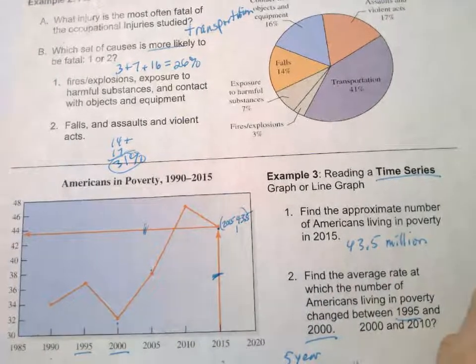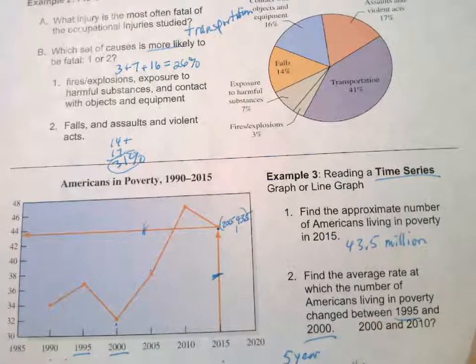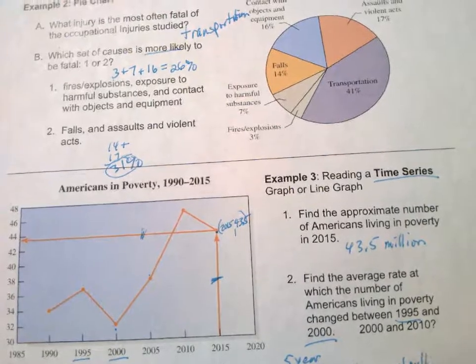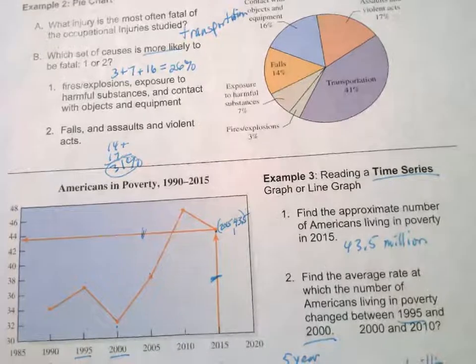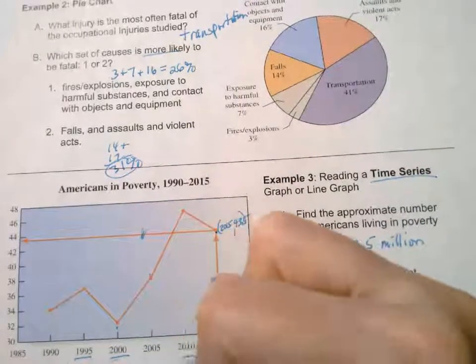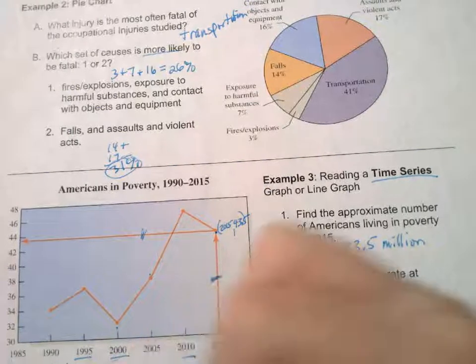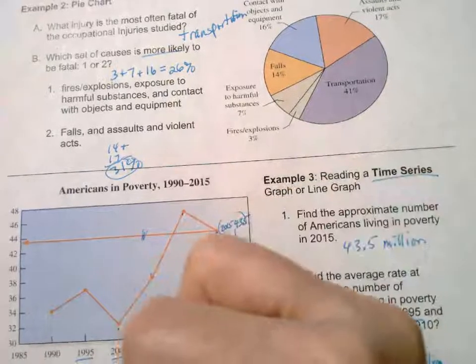And they went down 5 million in 5 years. So that is down approximately a million per year in that time period. And let's see, 2000 to 2010. 2000 was 32, and apparently it's going up, and this is about 47.